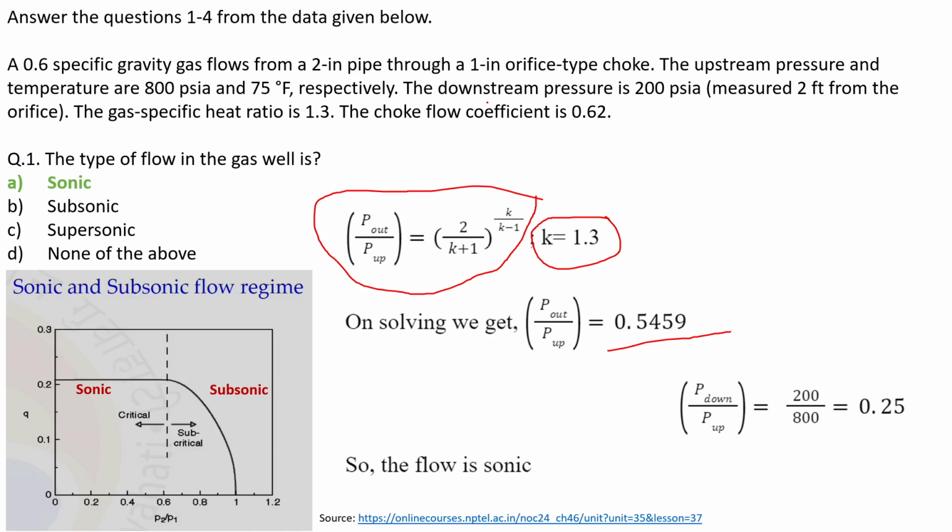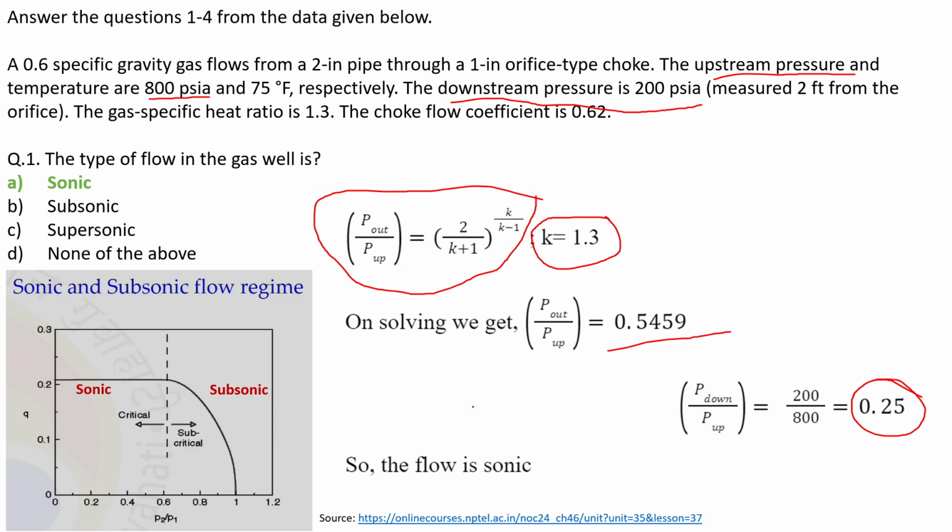For that we need to find the critical value of the pressure ratio. So we need P downstream by P upstream, which is equal to 200 by 800. The downstream pressure is given to us as 200 psi and the upstream pressure as 800 psi. So this ratio is 0.25.